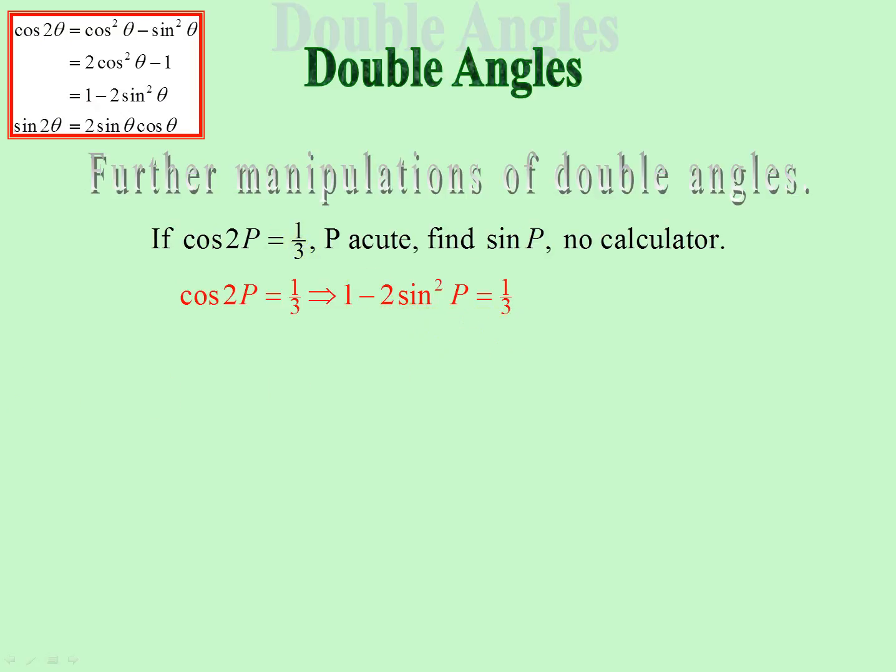Now it's algebra. Here I've taken the 2 sine squared across to the other side to make it positive. On the left it's going to become 2/3. I'm going to write the equation the other way around. Divide by 2. And now we square root. P acute, so when we square root, we don't worry about a plus or minus. There we are.